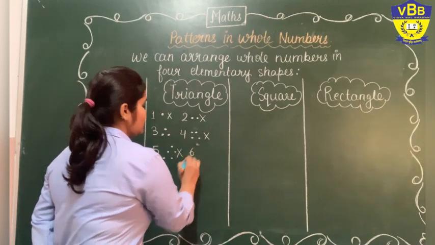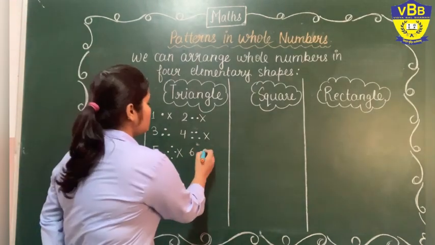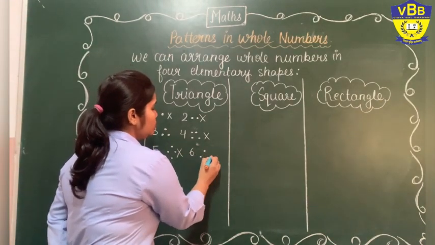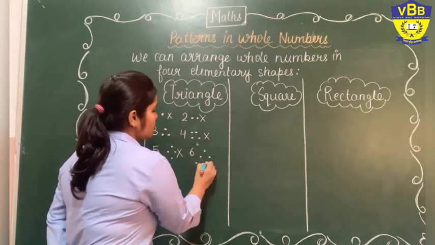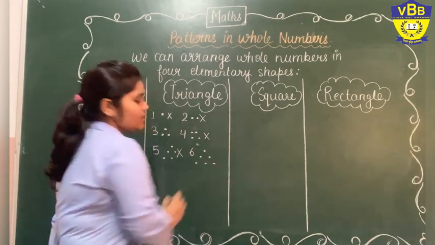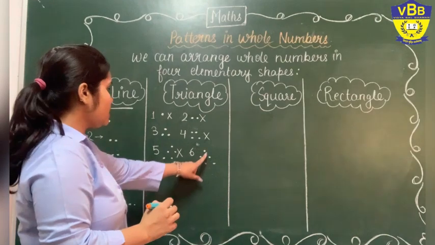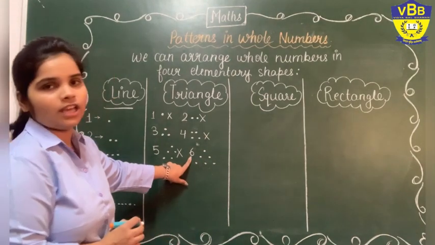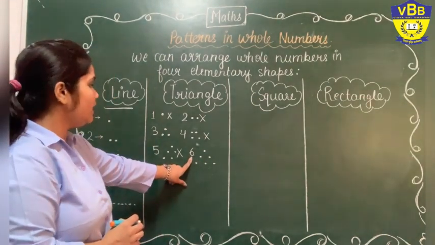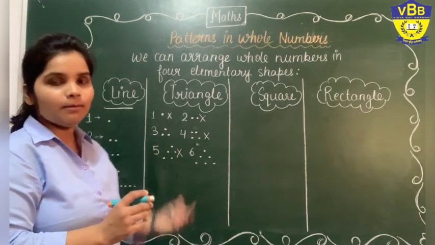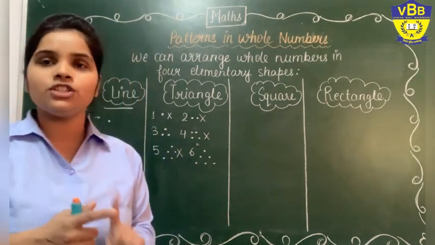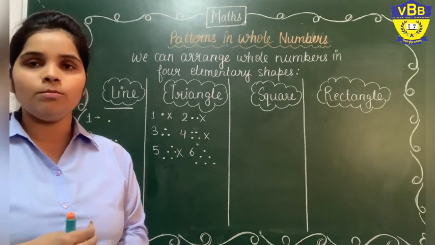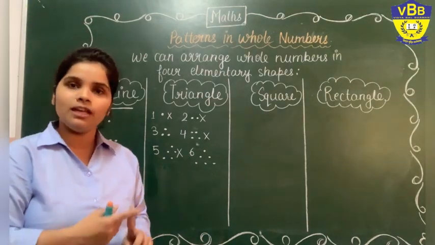Next we are having 6. Make 6 dots: 1, 2, 3, 4, 5, 6. Now look, 6 dots are forming this triangle. This is a triangular number. The whole numbers which can be represented in the form of a triangle are called triangular numbers.